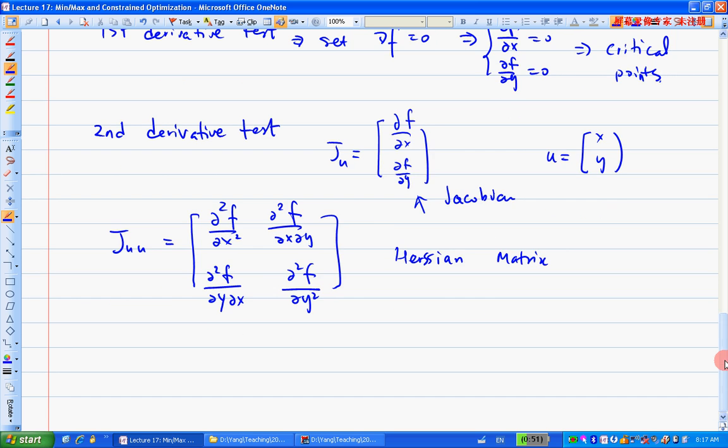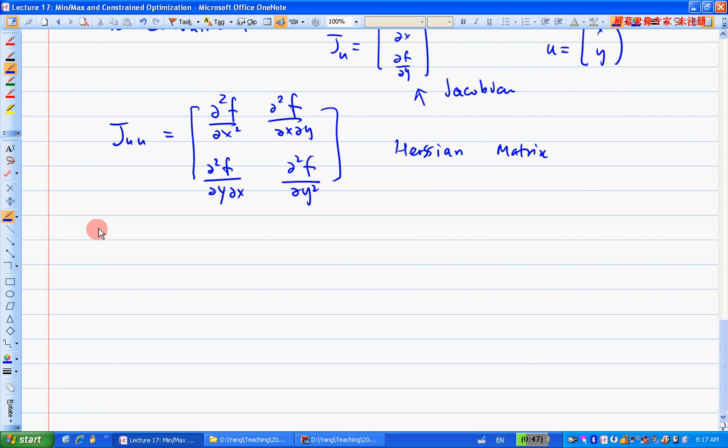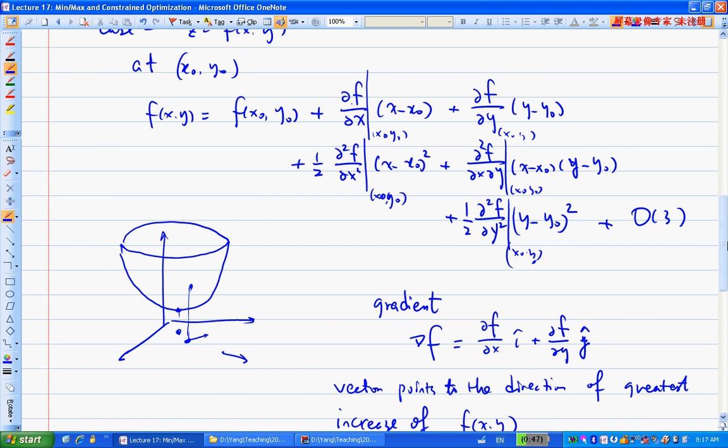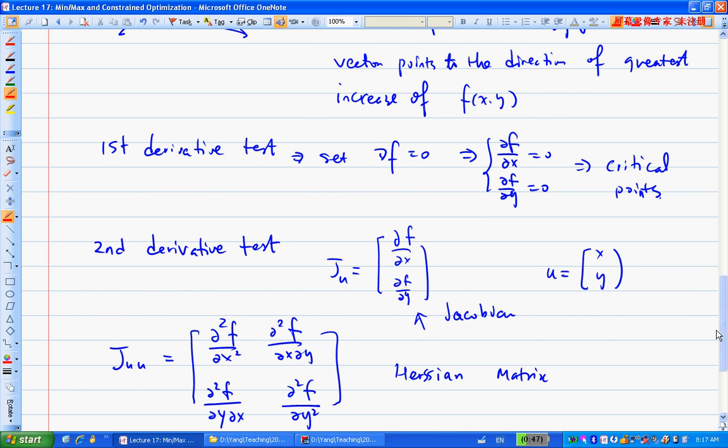Now, in terms of the second derivative test, here's a theory. If you're interested, this whole chunk here can be rewritten. Let's define this as a vector u, and let's define u naught as x naught, y naught.